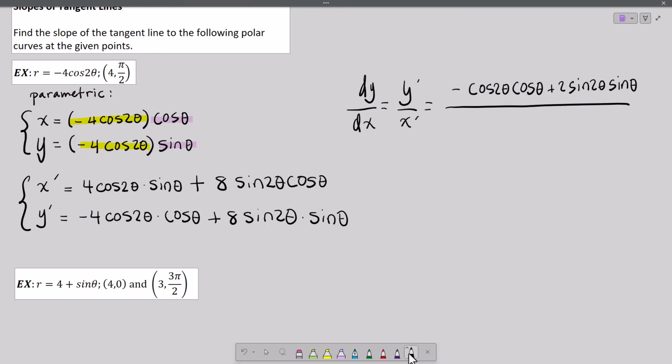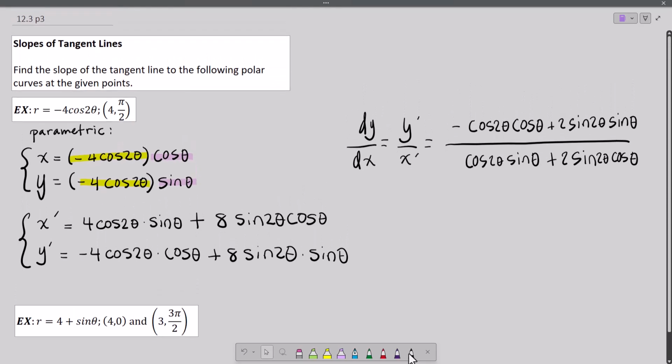And then the denominator, x prime with a 4 canceled: cosine of 2 theta sine of theta plus 2 times sine 2 theta cosine of theta. So there is our simplified derivative.